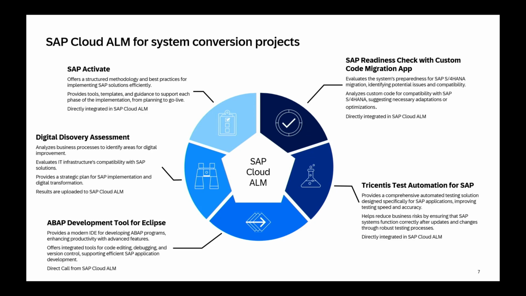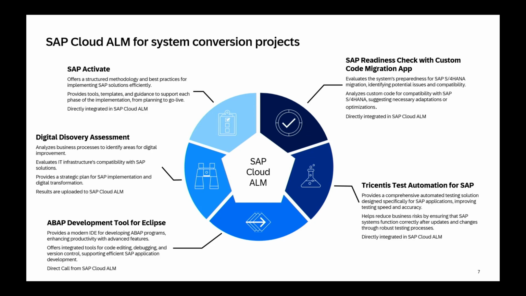You're also discussing and evaluating which target infrastructure is relevant, whether it is on-prem or private cloud, or even if you can go to public cloud. The results of the digital discovery assessment can be uploaded to Cloud ALM. So everything that you have done there already can be reused in your project itself. You don't have to redo this scope definition.